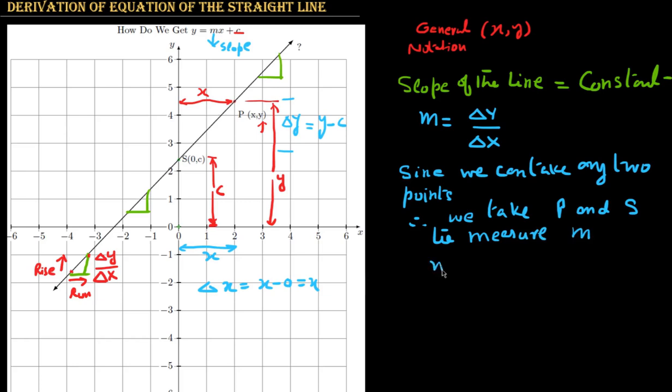So now we say that M equals delta y, which is y minus C, over delta x, which is actually x.